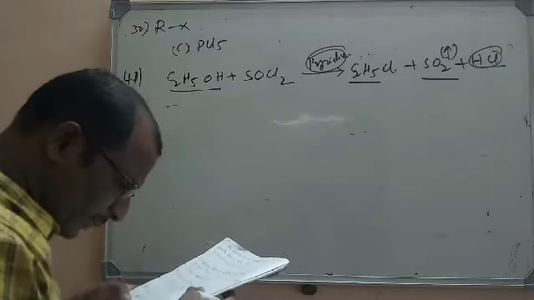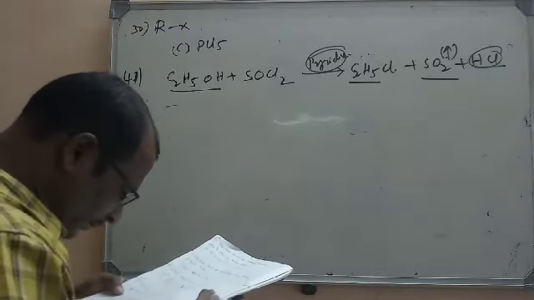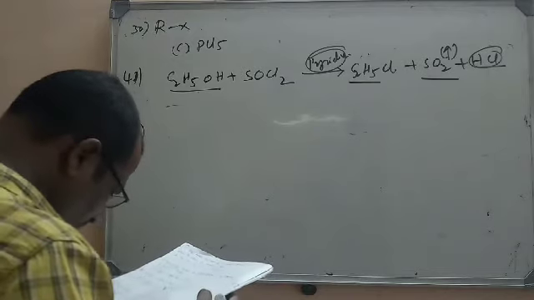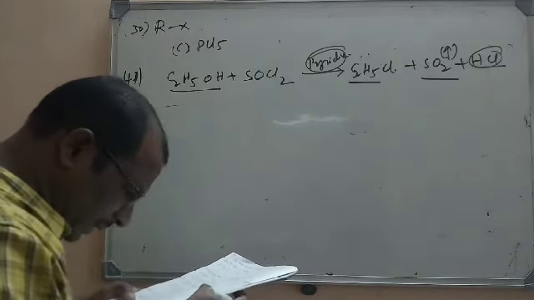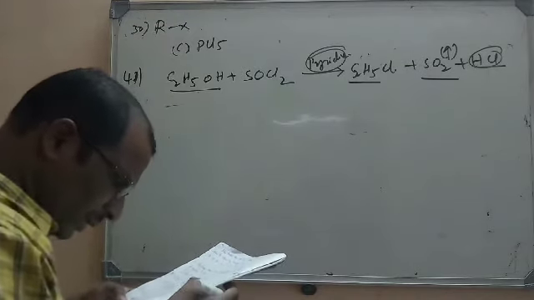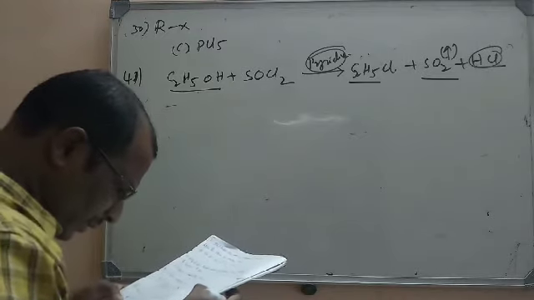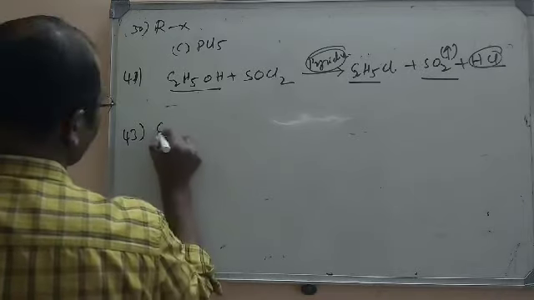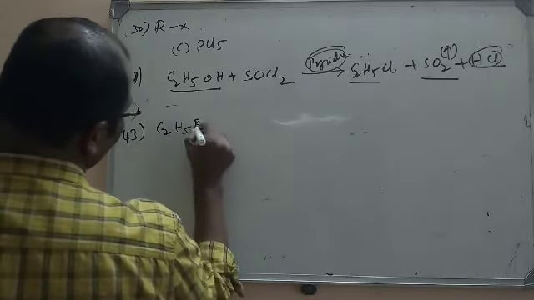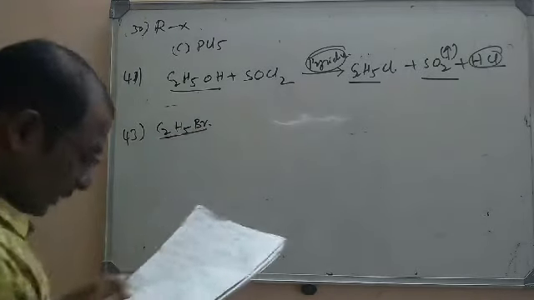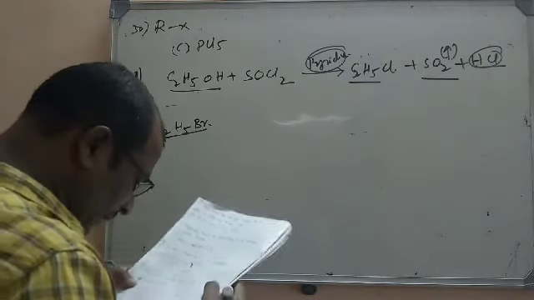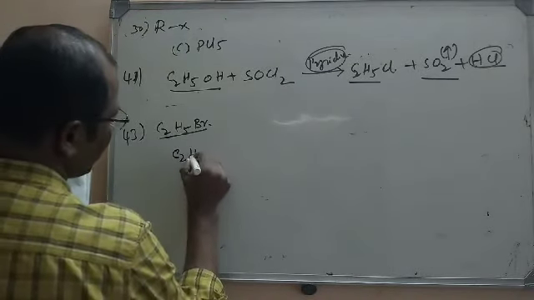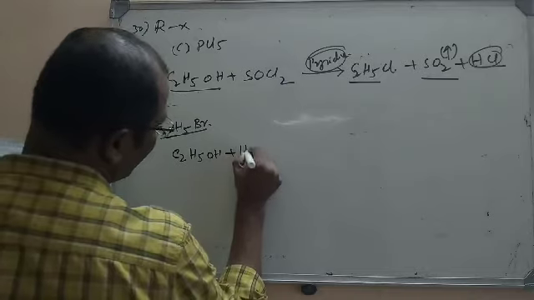Question 43. Ethyl bromide is indirectly prepared from: first one, ethyl alcohol and HBr. Yes, we can prepare it, so the first option itself. Here we need to prepare ethyl bromide, C2H5Br. That can be prepared from ethyl alcohol and HBr.